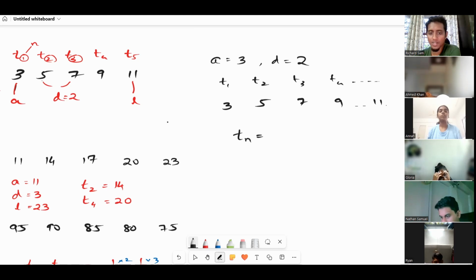By just looking at these values, how we got this, can you figure out a formula? Okay, T1 is what? T1 is A. How do we get T2?